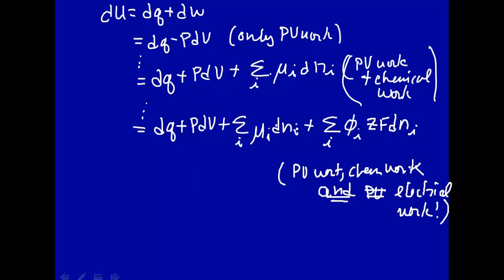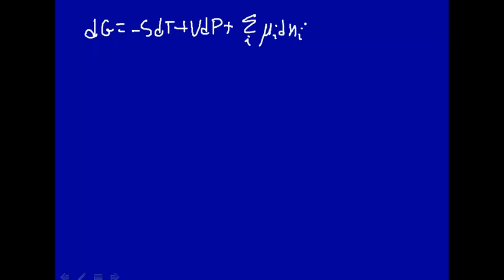Now remember we got the master equation for chemical thermodynamics. You might want to review that, but we'll just write it down here. dG is minus S dT plus V dP plus the chemical work, sum over i of mu sub i dNi, plus the electrical work, sum over i of the charge ZF times the potential dNi.